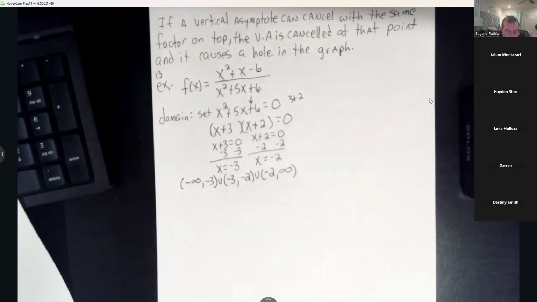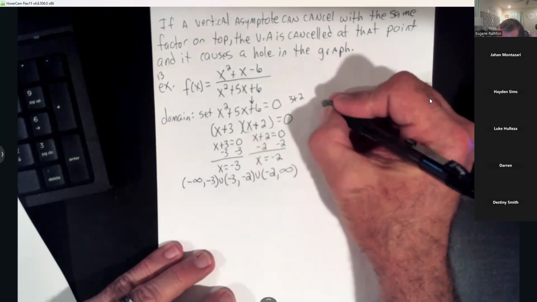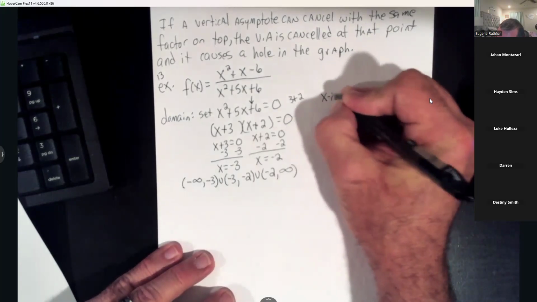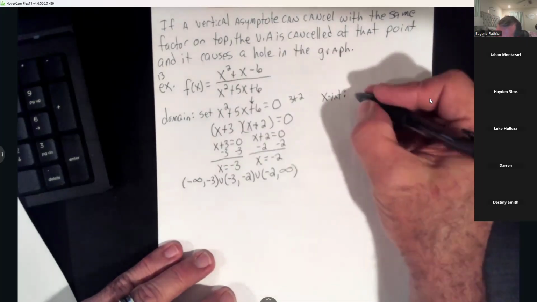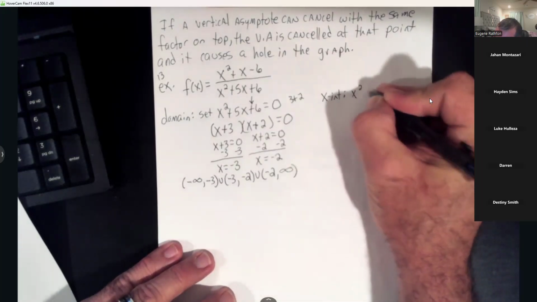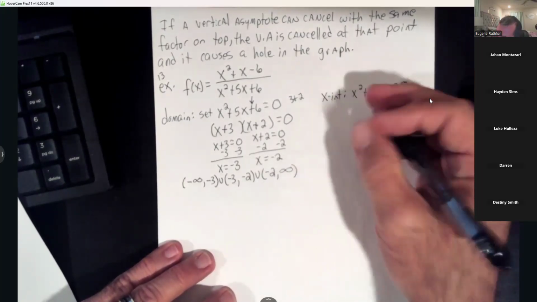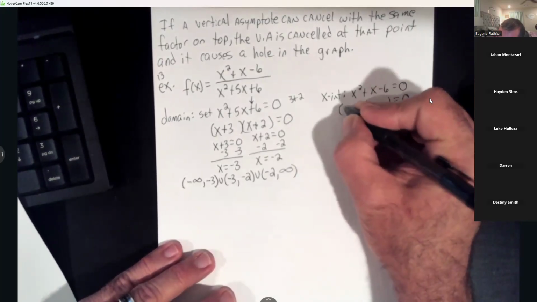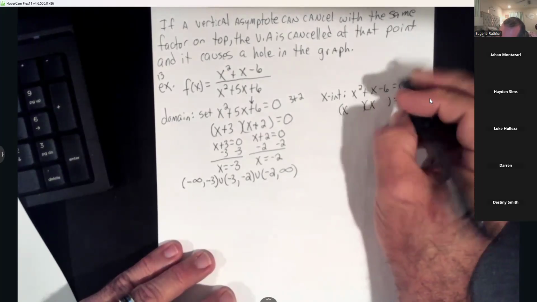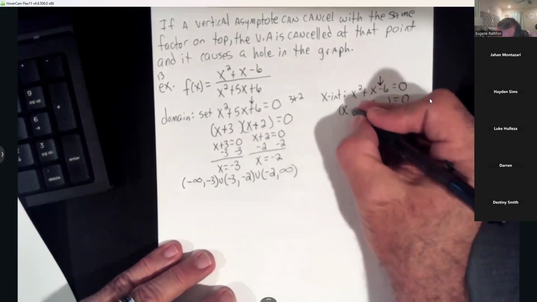All right, next, let's see. So next it wants the x and y intercepts. So remember, x-intercept, I set the top equal to 0. Okay, I'm going to solve that one by factoring. X squared is x and x. The last number's negative, so I'm going to have a positive and a negative.